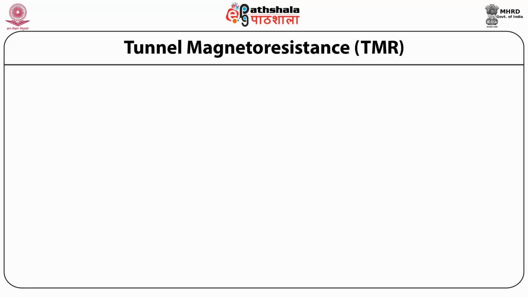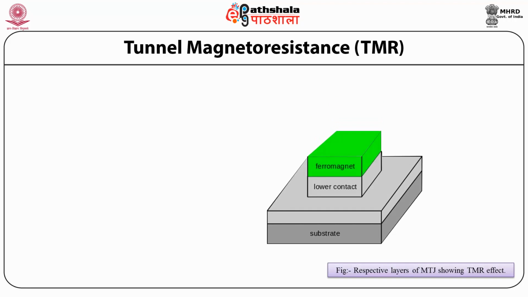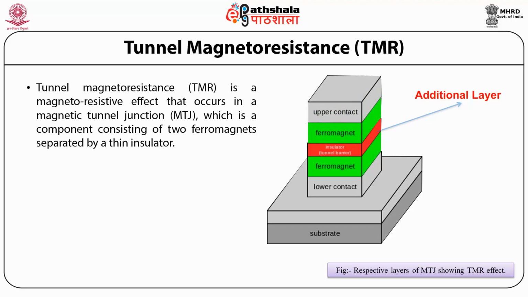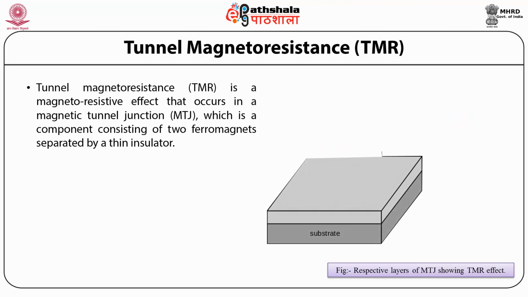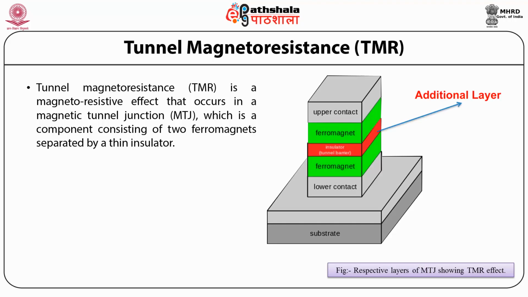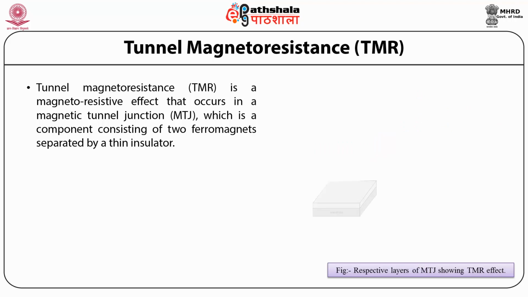Let us discuss the tunnel magnetoresistance, known as TMR. A schematic of a tunnel magnetoresistance has been shown clearly in the figure. Tunnel magnetoresistance, TMR, is a magnetoresistive effect that occurs in a magnetic tunnel junction, which is a component consisting of two ferromagnets separated by a thin insulator.